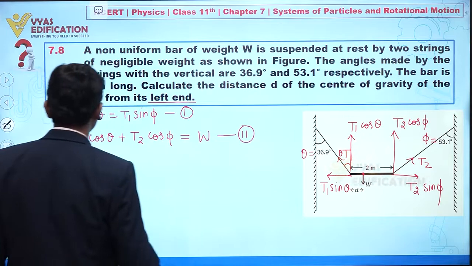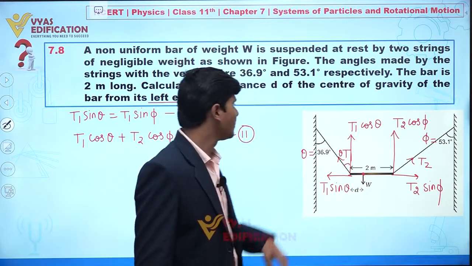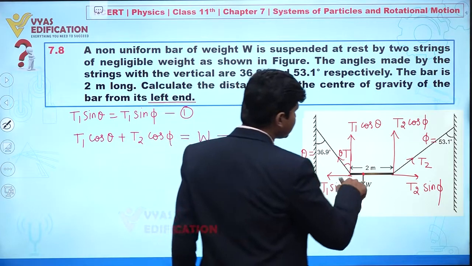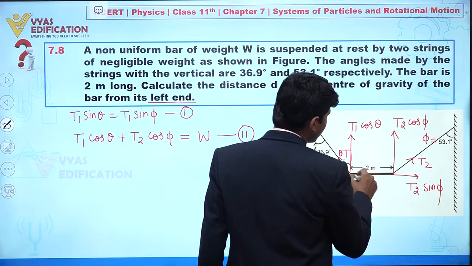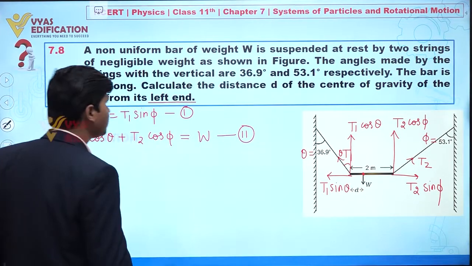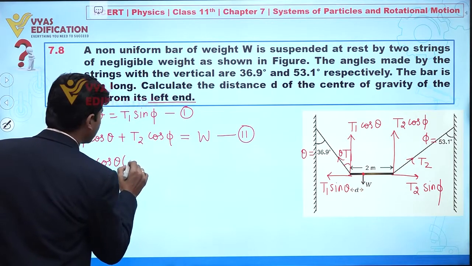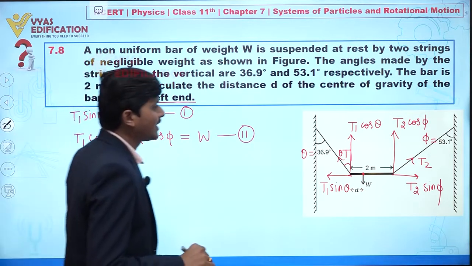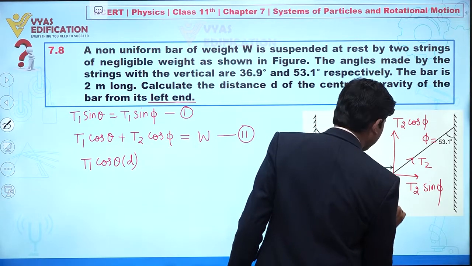So if I calculate the net torque about the center of mass, how can we write it? T1 cos theta will try to rotate this rod in the clockwise direction, so this is T1 cos theta multiplied by d. Now this other distance is 2 minus d. Clear?